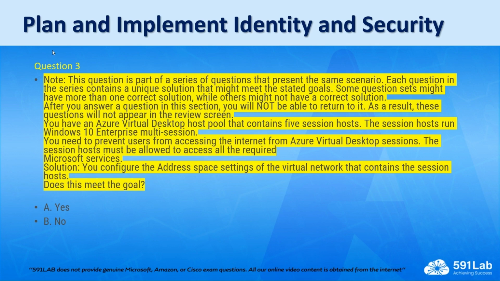The suggested solution here is you configure the address space settings of the virtual network that contains the session hosts. As per your reasoning on the working of the AVD, does this meet the goal? Yes or no? Before we answer this question, let's try to dissect what the question entails.